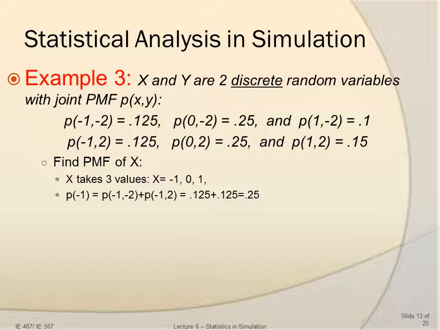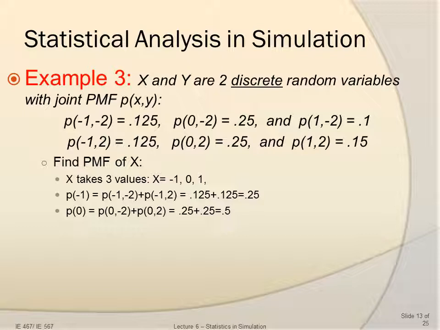But right underneath it, there is also P where X is -1 and Y is 2. These are the only joint probability mass function entries where X is -1. So we sum those up together, and both of them are 0.125, so we get 0.25. In a similar way, we can compute the probability of the second value, which is 0.